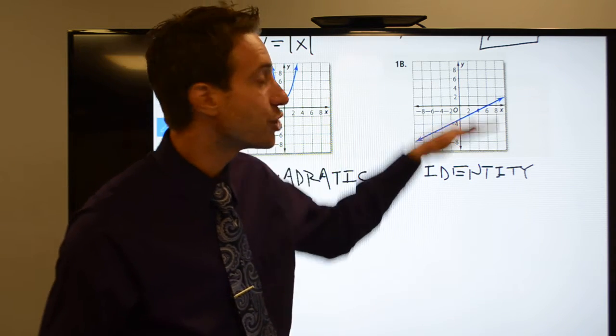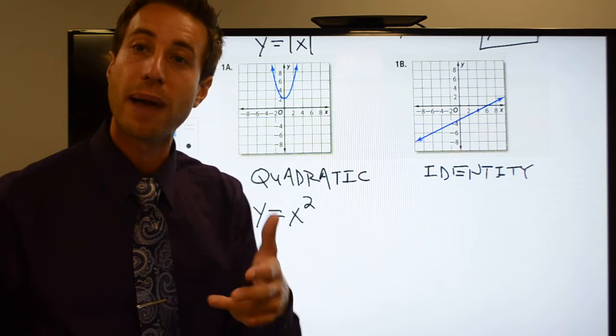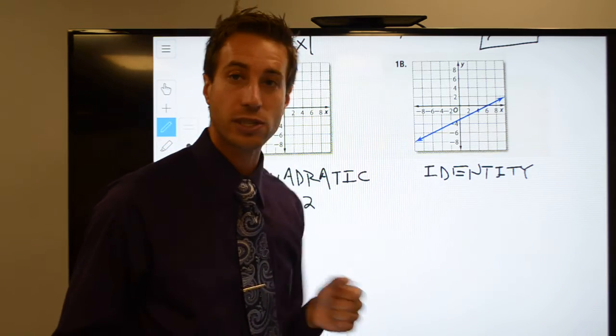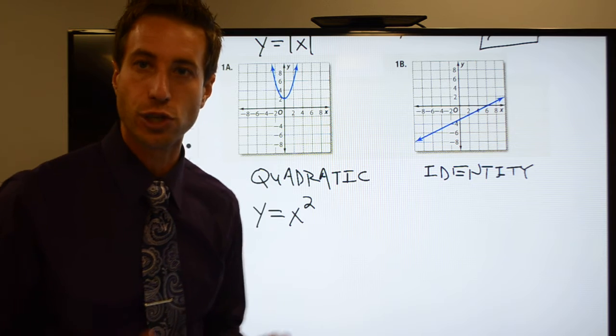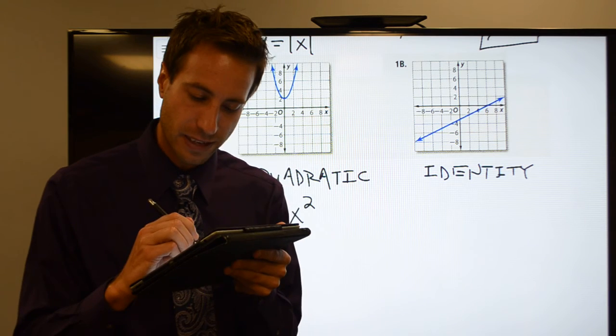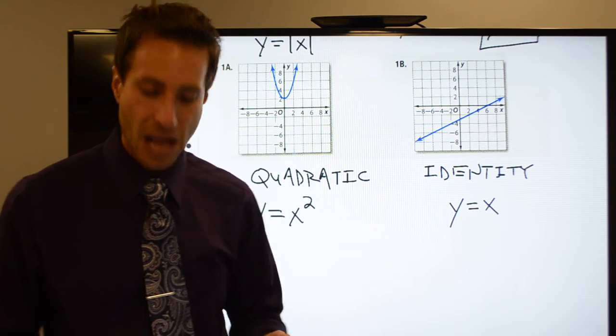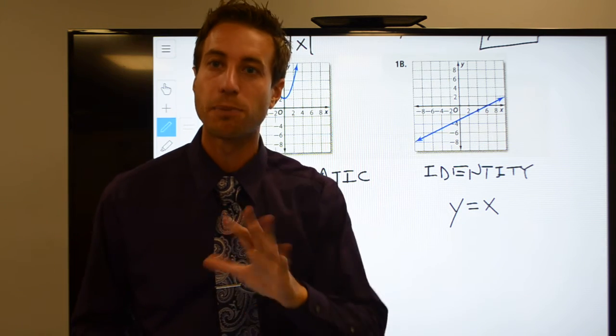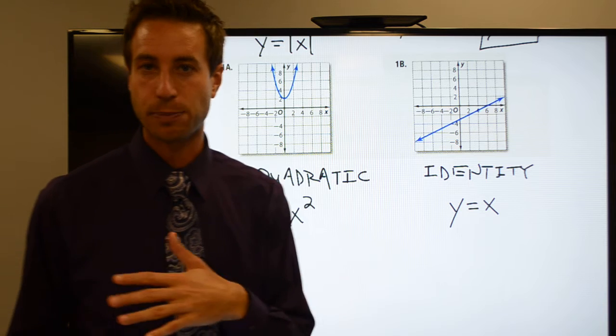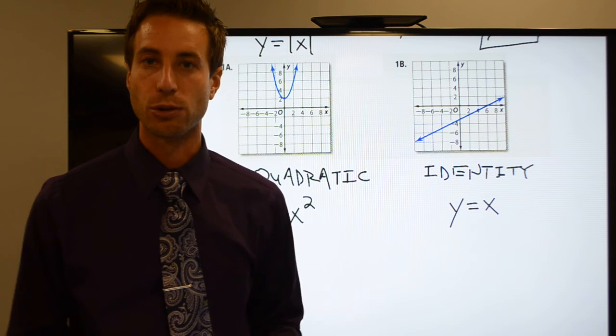And again, this one has been shifted down. The parent function goes through the origin, 0, 0. So I don't have the parent function, but you should remember from the previous page, the parent function would be just y equals x. That's not what I have graphed here, but we'll worry later, in the next pages of the notes, how you deal with those transformations.